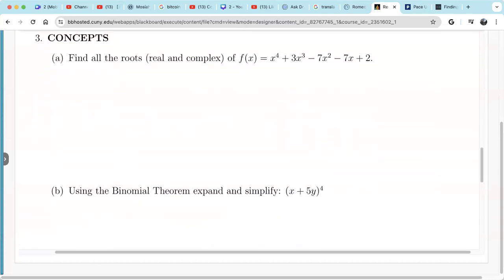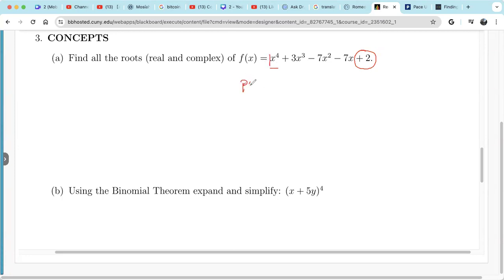Okay, we want to find all roots for this polynomial of degree 4. Remember the rational roots theorem, saying all the possible roots come from the factors of the constant term divided by the factors of the leading coefficient. The leading coefficient in this case is just 1.